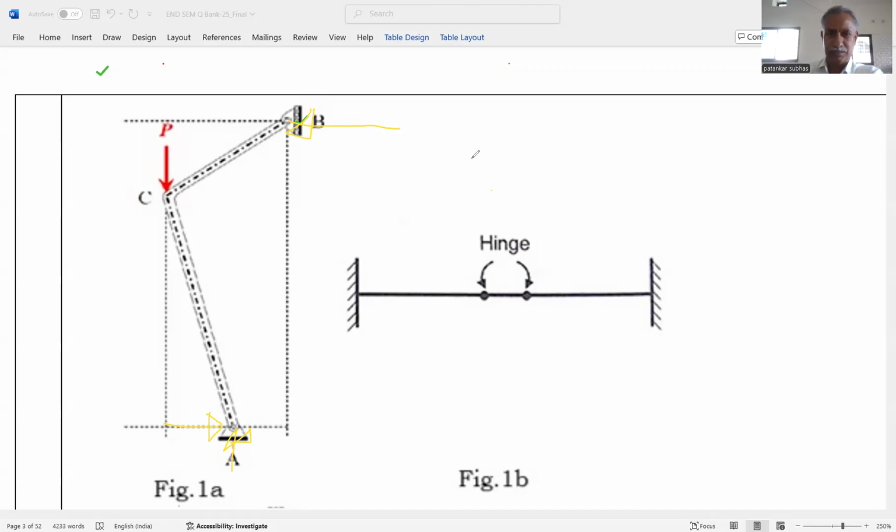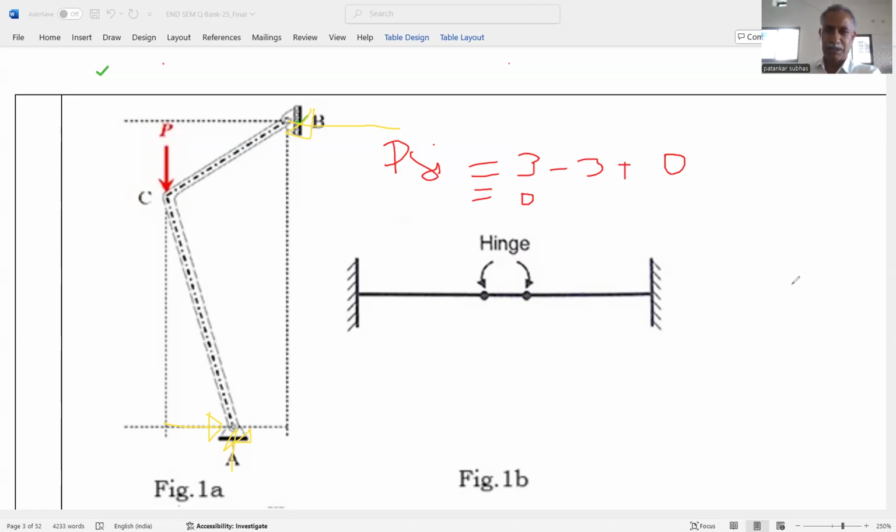So again, it is open. So DSi, degree of static redundancy, is equal to R minus E. R is equal to 3. Number of equations available are 3. And plus it is open. That's why it is 0. So the answer is 0. It is determinate and stable.